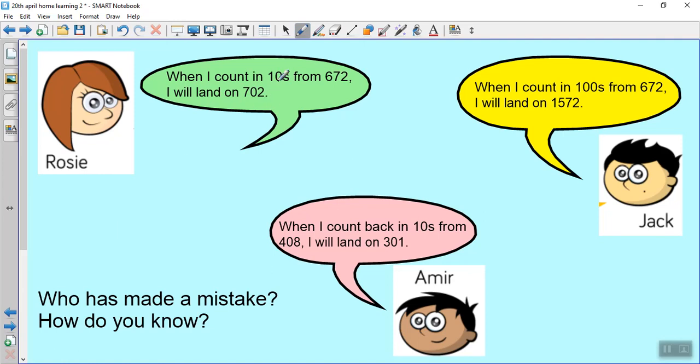Okay, so from the previous questions, if you count in tens, you're changing your tens column, your ones column is going to be the same. We're still going to have 2 in the units. So Rosie is correct. If you count in hundreds, your hundreds digit is going to change.